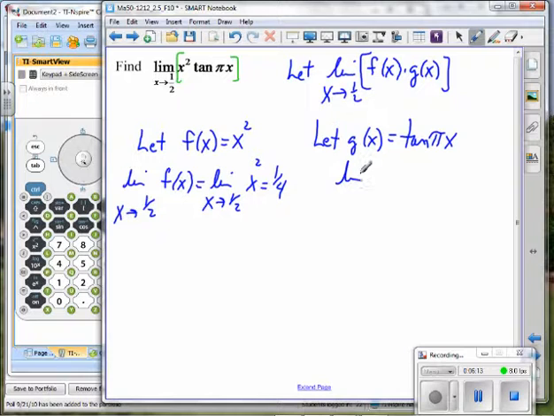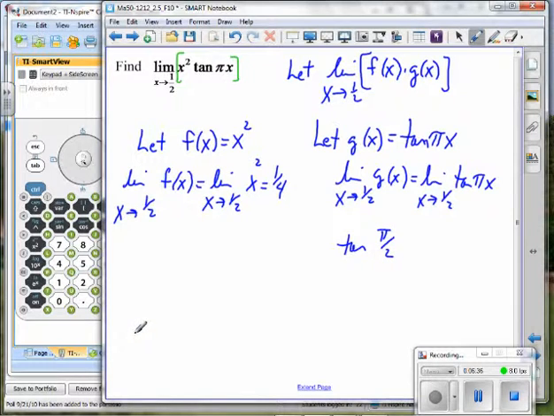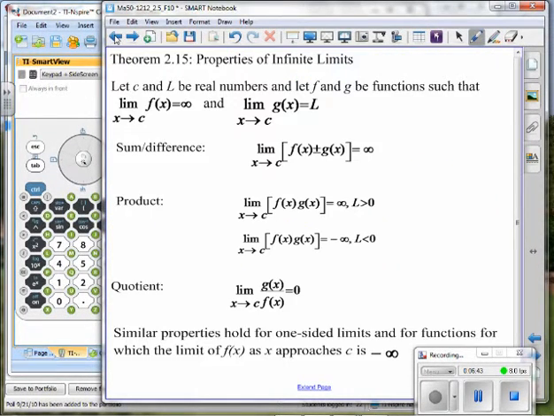If we look at the limit as x goes to 1/2 of g of x, or the limit as x goes to 1/2 of tangent pi x, is there a problem? What do you know about the tangent of pi divided by 2? Undefined. Yes, undefined.